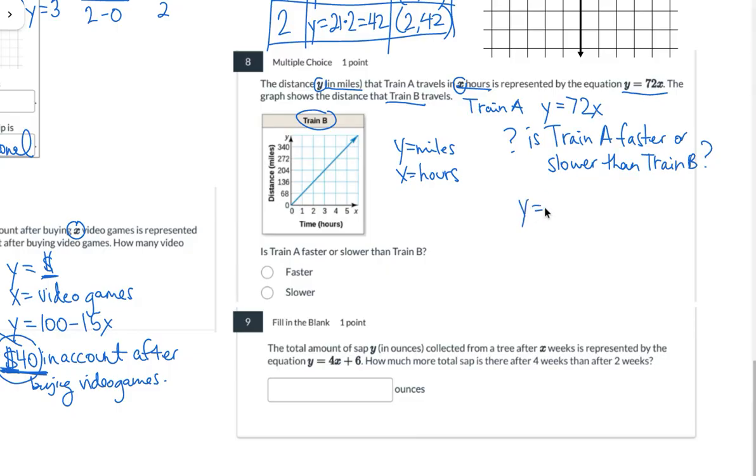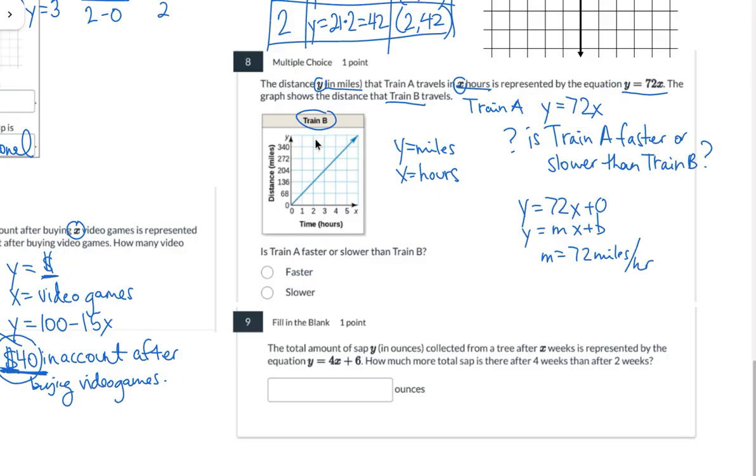For train A, y equals 72x means y equals mx plus b. It makes sense that if you are at 0 hours, you've gone 0 miles, right? But this looks like I have an m of 72 miles per hour.